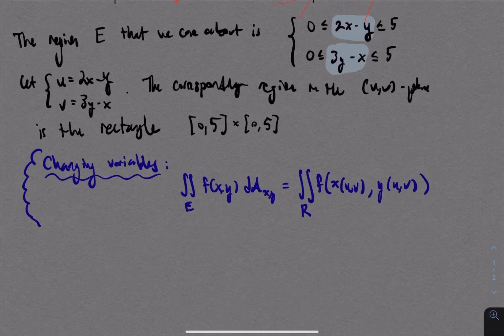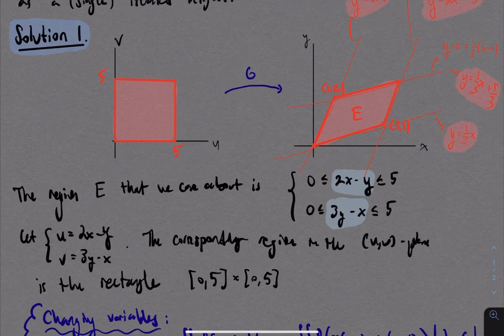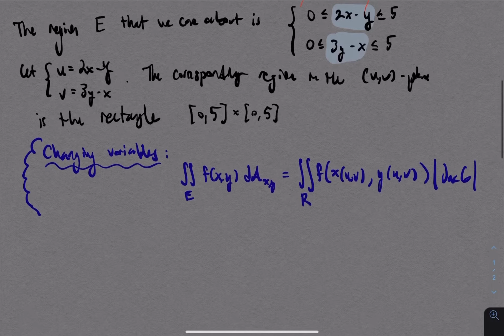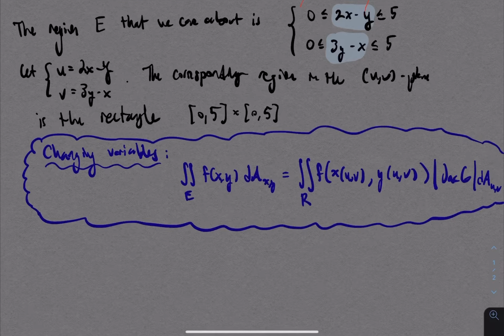So what we need to do is multiply in here by the absolute value of the Jacobian of this g function, which goes from the UV world to the XY world. And then I multiply that by dA in the UV plane. And we say, okay, great, we've got our change of variables. All we need to do now is just compute the Jacobian, plug in for x and y, and then we go from there.